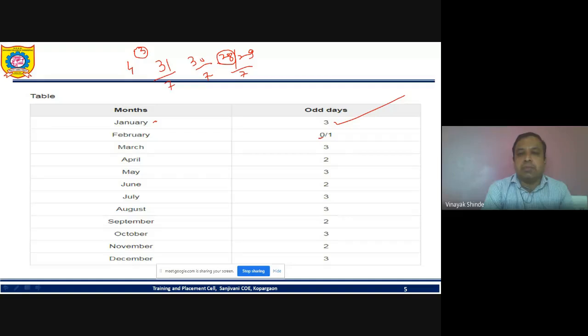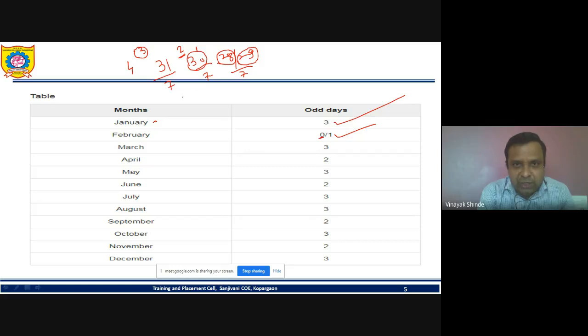If 29 days, there is 1 odd day. If 30 days, we can complete 4 weeks, and the extra days are called odd days. So we have 2 odd days in a month of 30 days.